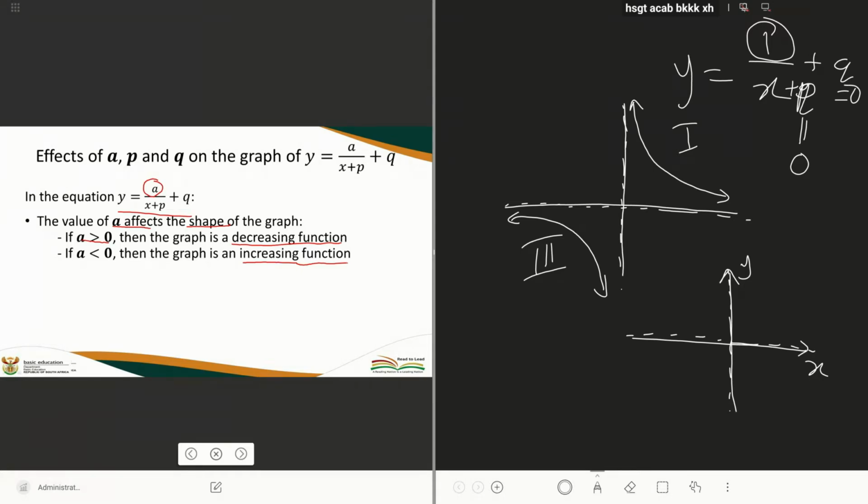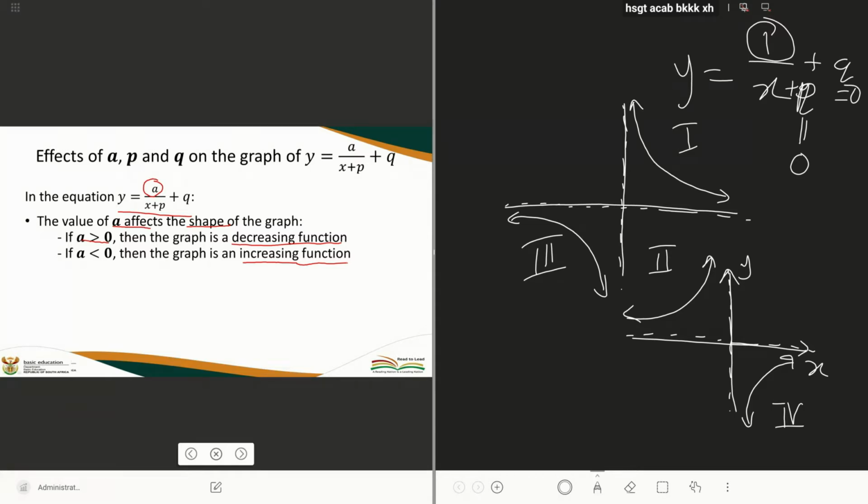So if a is less than 0, you have an increasing function on the second and the fourth quadrants with respect to your asymptotes. So your increasing function is going to look something like that. All right, so that is what you were able to do in grade 10.